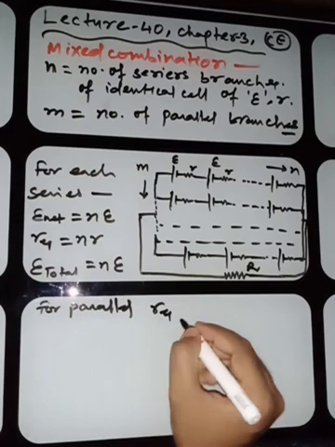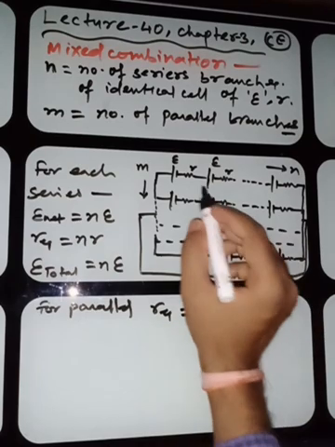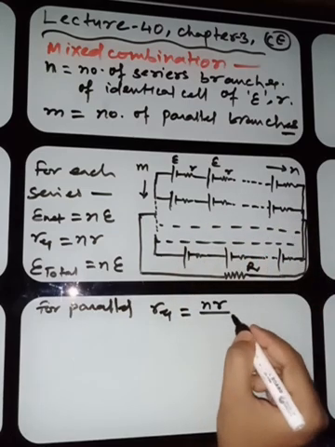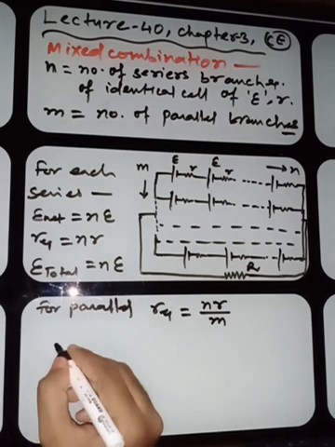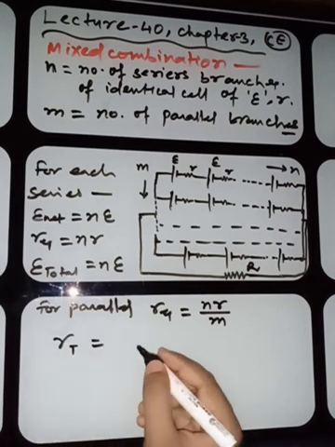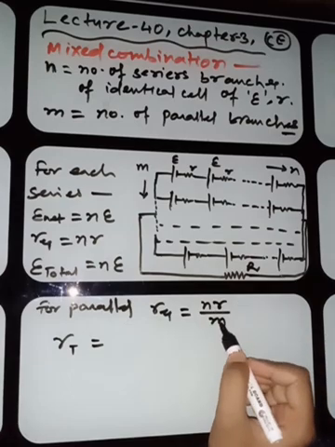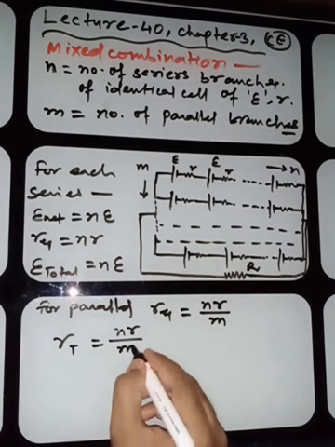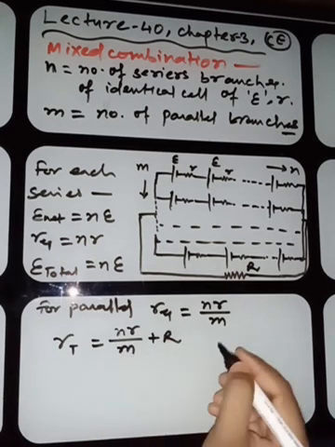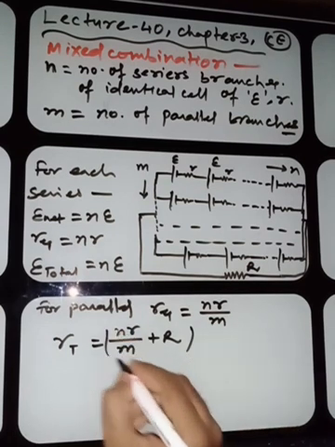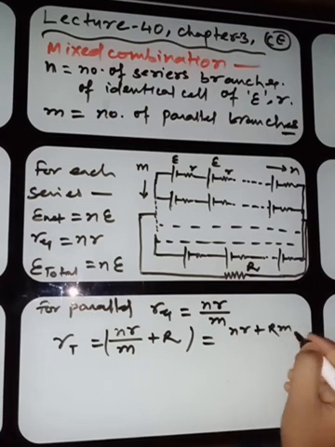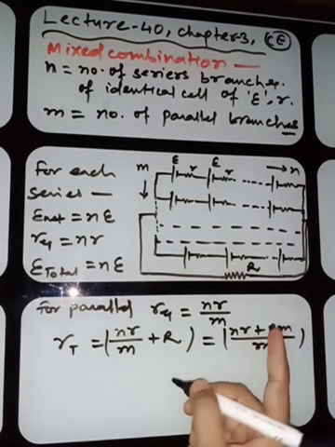For the parallel network, the equivalent resistance will be nr divided by m, and the total resistance R total of the network will be this nr by m, in series with the load, so it will be nr divided by m plus R. I hope you understand. This is the total resistance. You can also write it as (nr plus Rm) divided by m. This is the total resistance of the network.